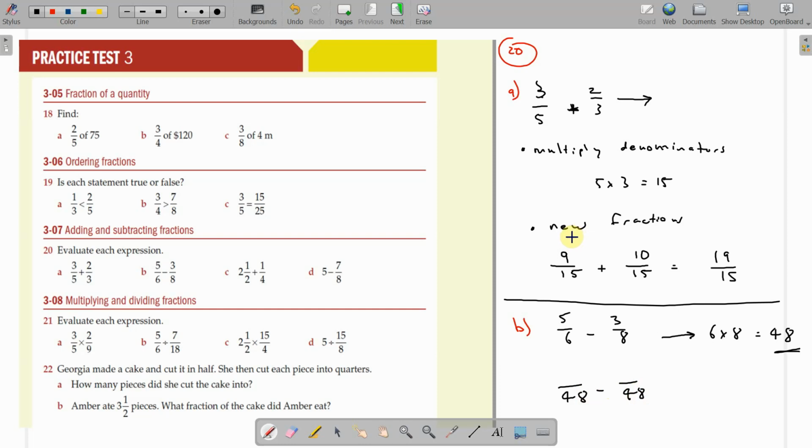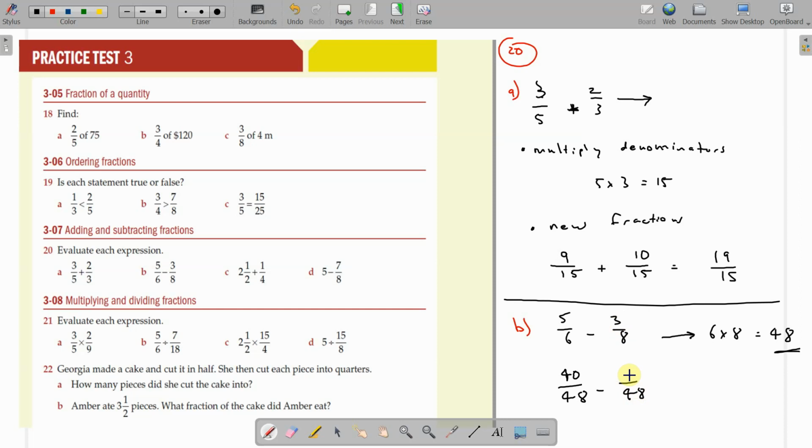Okay. So now we've got to increase these two numbers by the same factor as the bottom two were. So 6 is increased by a factor of 8. 6 times 8 is 48. So 5 times a factor of 8 is 40. And 8 is increased by a factor of 6. 8 times 6 is 48.